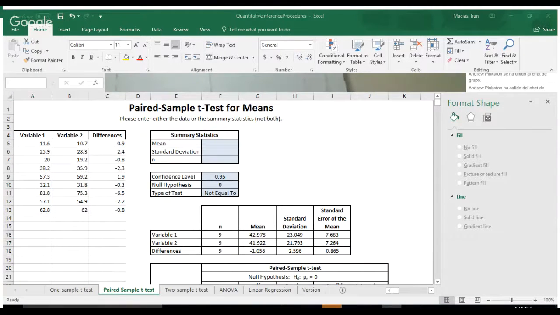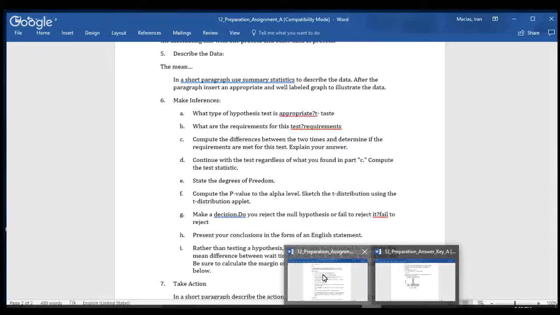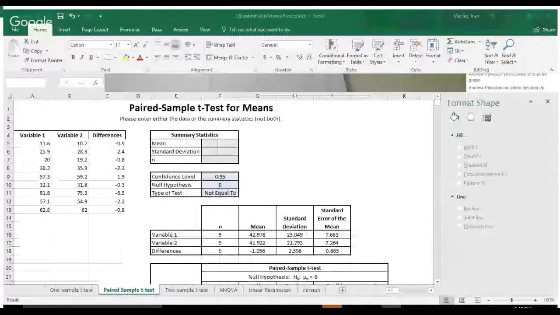Okay, cool. So moving on to the question. Describe the data. It's just everything that you were just saying: the mean of the difference and the standard deviation. And the n is 9. The sample size is 9.